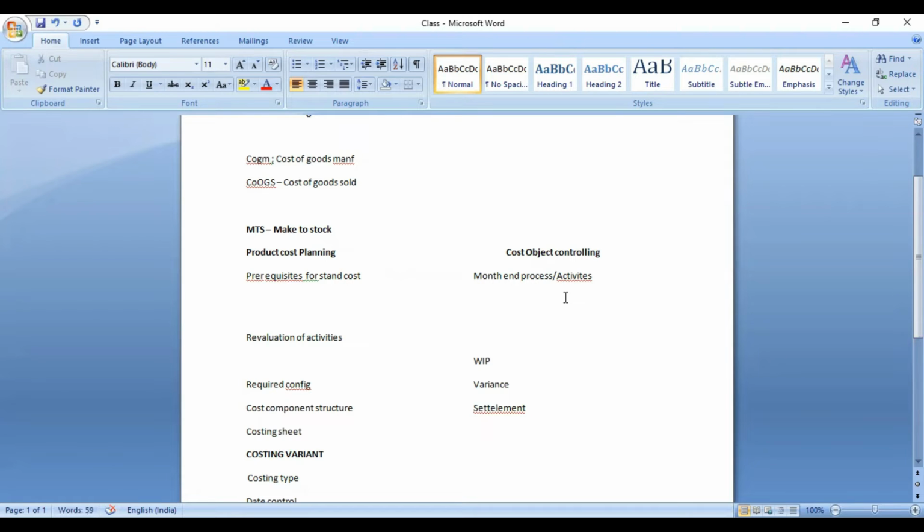Plan cost, actual cost, we can also do through these month end activities. And how can we get the plan cost and when can we get the actual cost? The plan, once we do the confirmation of activities.